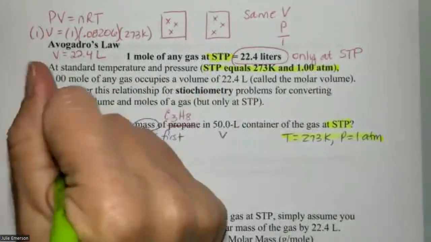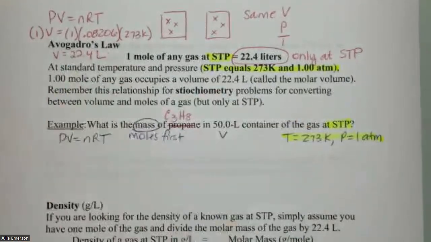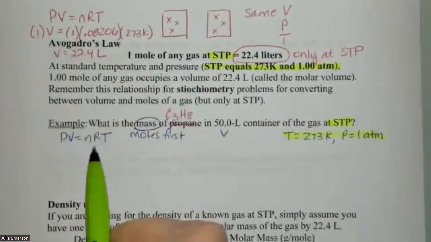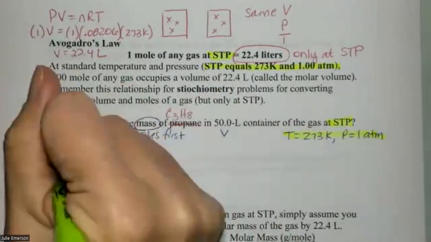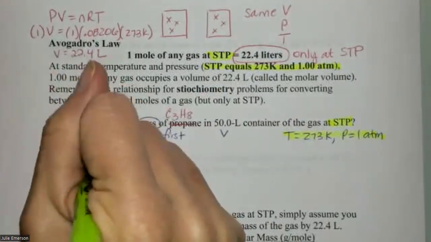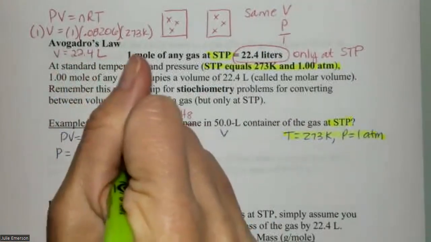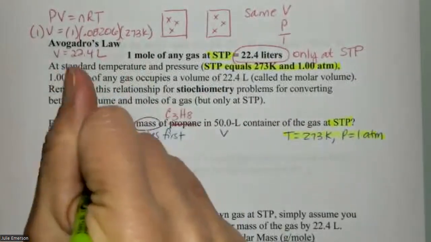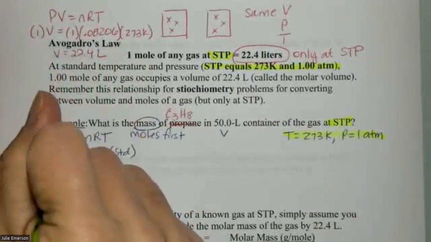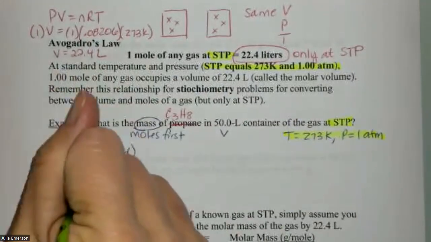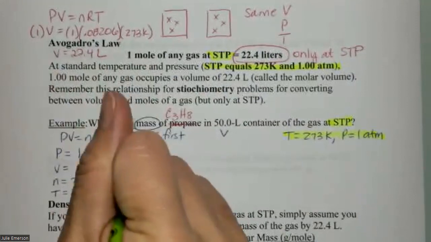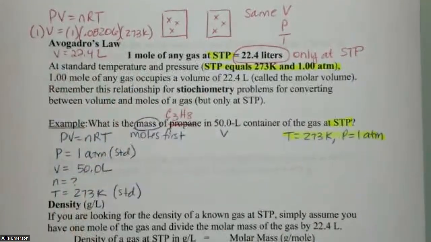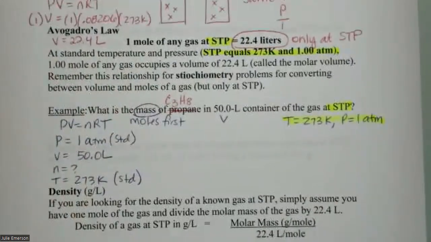So it's going to be PV equals nRT. I'm solving for n: pressure is standard 1 atm, volume was given at 50 liters, temperature is 273 because that's standard, and R of course is 0.08206.